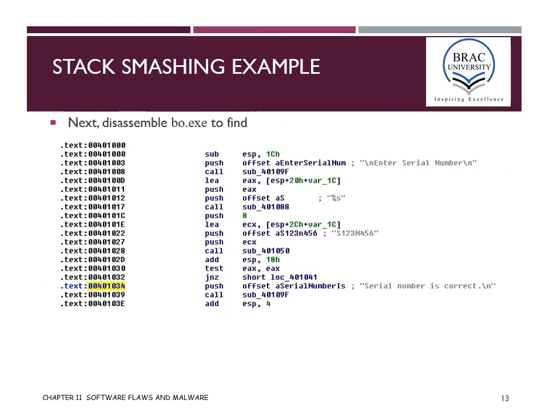Now what we will do is use a disassembler. If you disassemble the exe file, you will get some code like this. In this code you can see this address, 401034.